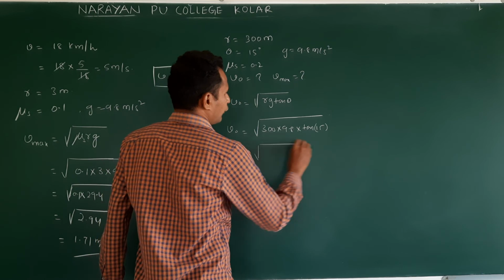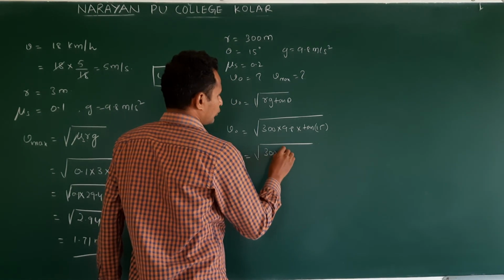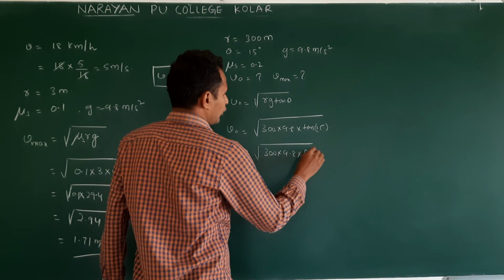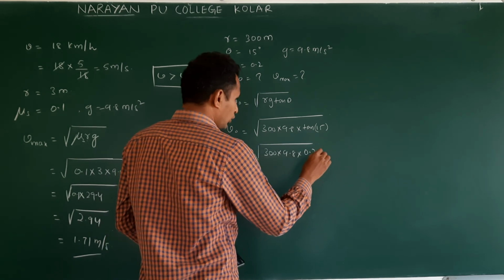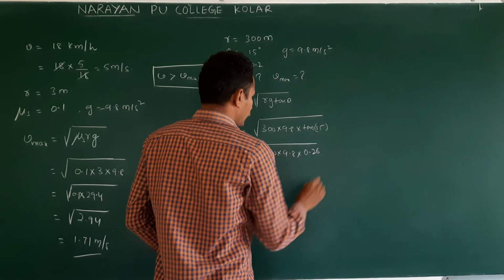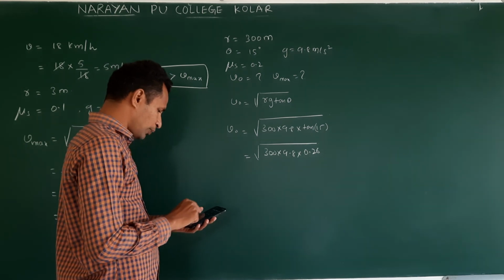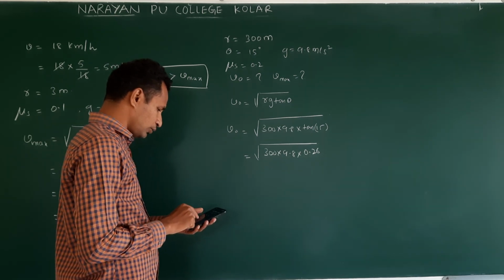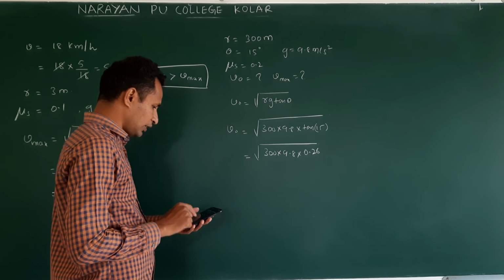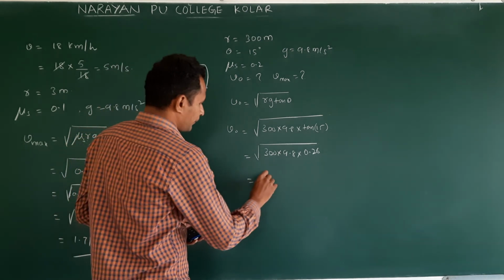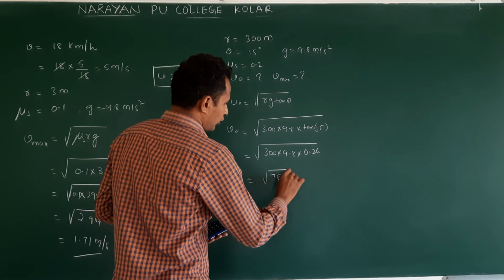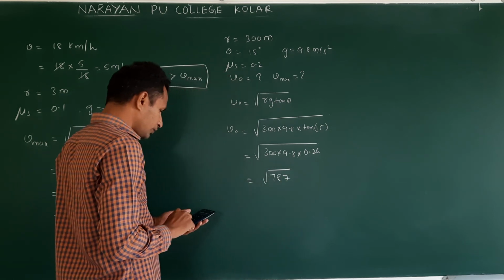So under root of 300 into 9.8 into 0.26. Multiplying 9.8 into 300 into 0.26, it is 787 under root.